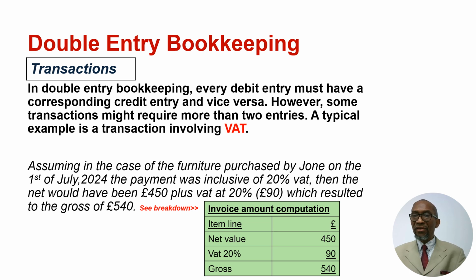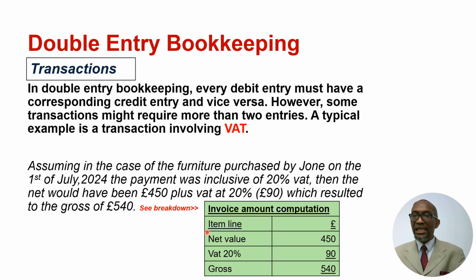Assuming in the case of the furniture purchased by Jones on the 1st of July 2024, the payment was inclusive of VAT at 20%, then the net would have been 450 plus VAT at 20%, which is 90, and this will result in the gross amount of 540.